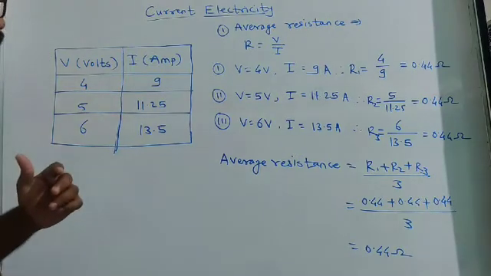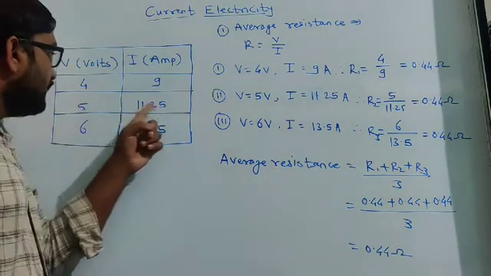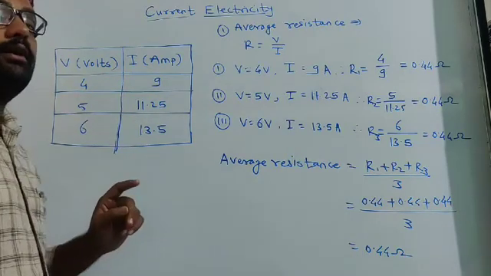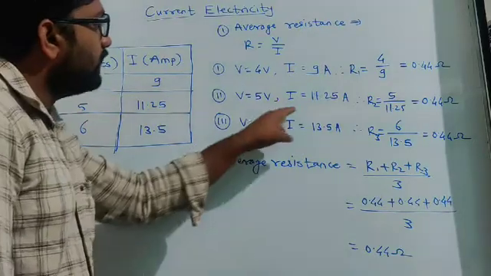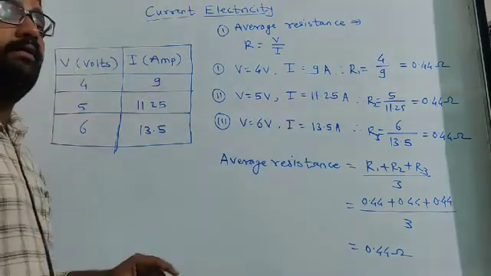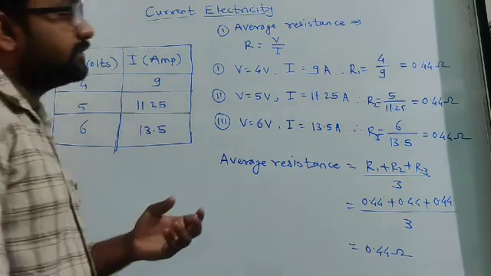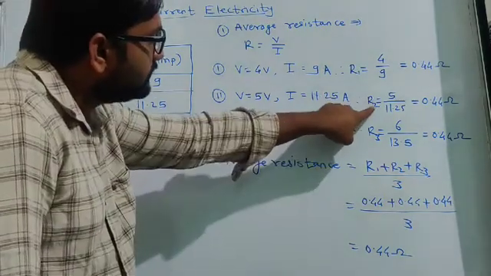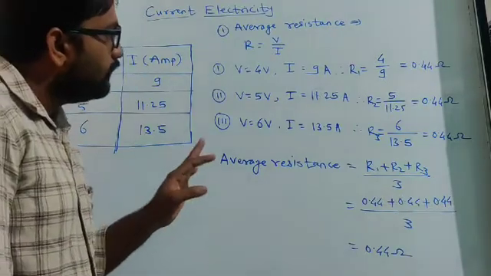Now second, we have to calculate the resistance when voltage is 5 volt and current is 11.25 ampere. At that time, what will the resistance be? We will call that resistance R2.